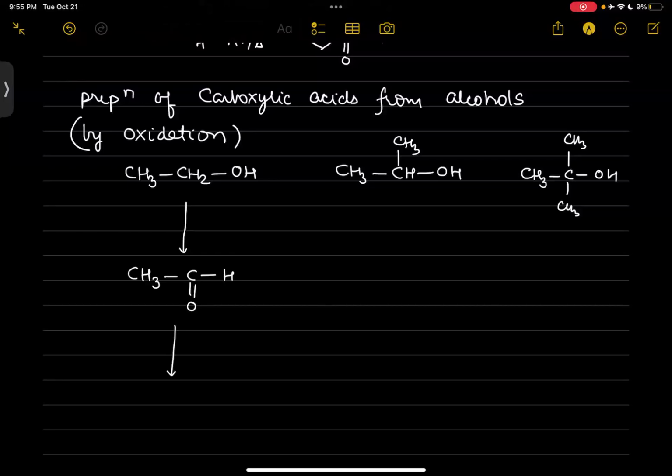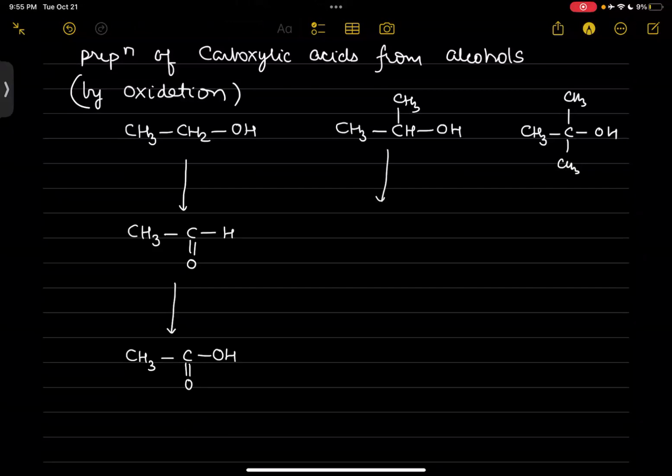With a strong oxidizing agent, we have seen already that aldehydes are easy to oxidize because of this reducing hydrogen. So aldehyde will not stop if you have taken strong oxidizing agents. It will get oxidized completely up to carboxylic acid. Got it?